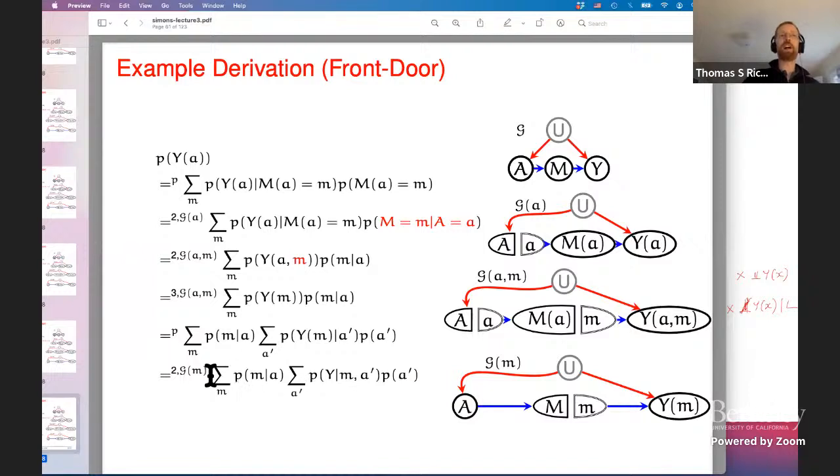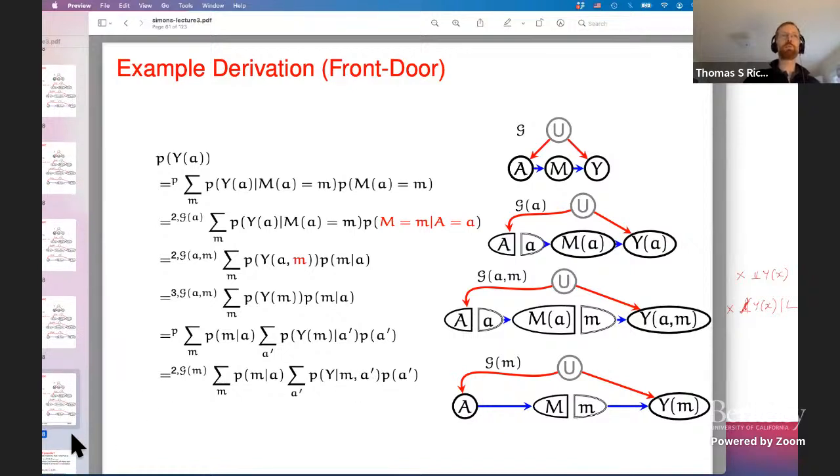And then finally, I can use the fact that Y of M is d-separated from M given A, so consequently I can go from here to here. So this is just using rule 2.